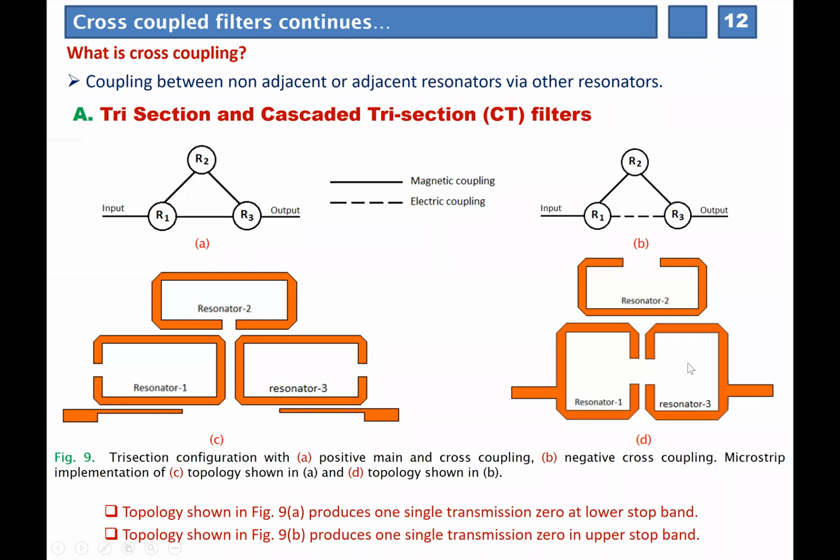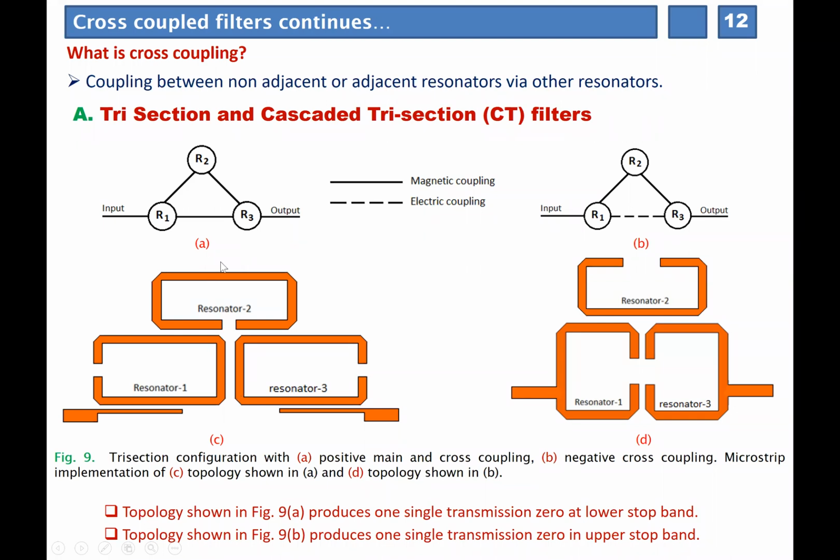In Figure 9D, you can see 1 and 3 are electrically coupled because at this plane, electric field is maxima, but R1 to R2 and R2 to R3, this coupling is basically magnetic in nature. So this is the implementation of topology B, and C is the implementation of topology A.